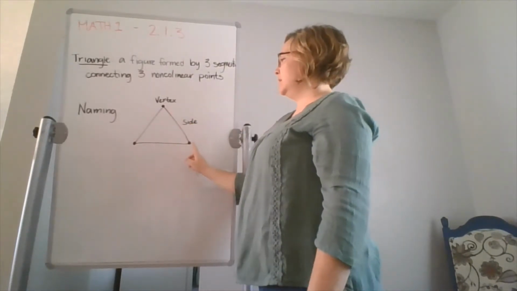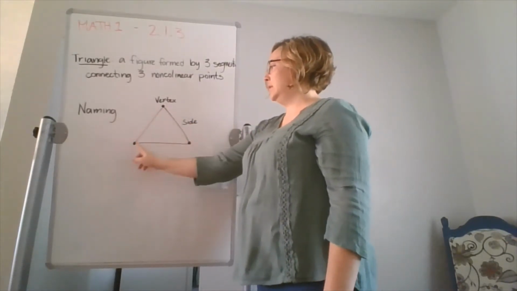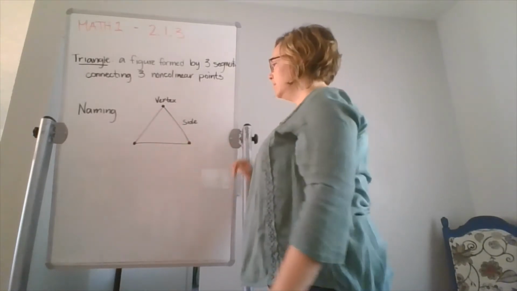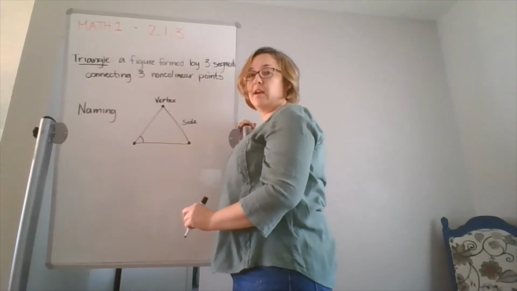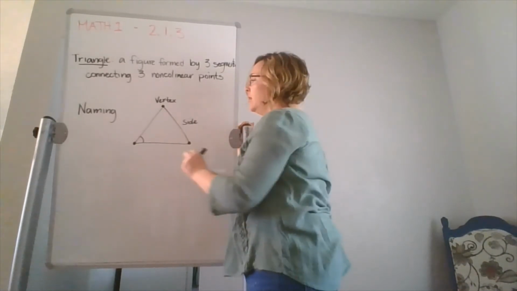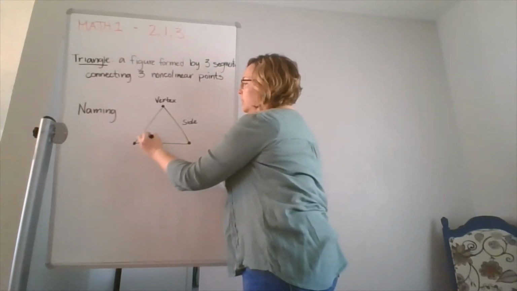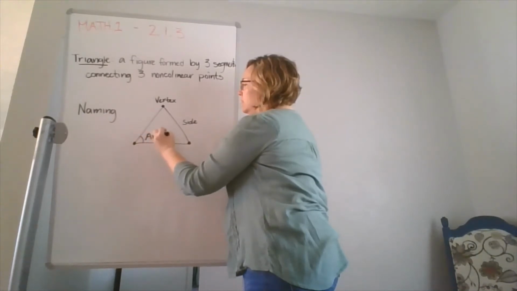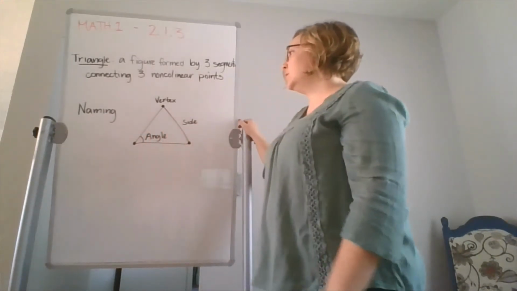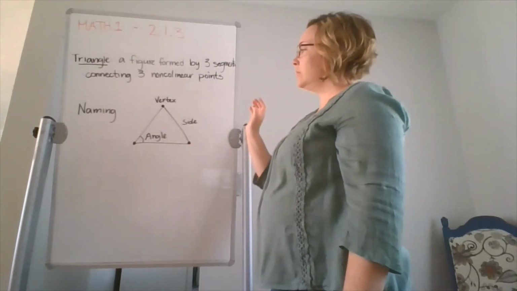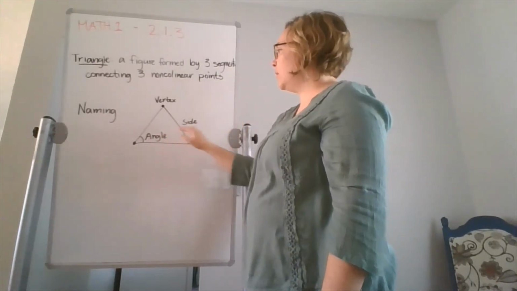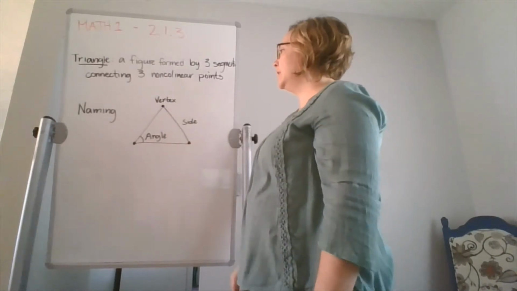So the segments that connect your vertices are your sides, and then the 2 segments that come together at one vertex form an angle. Okay, so it's important to understand what we mean by side and angle and vertex.